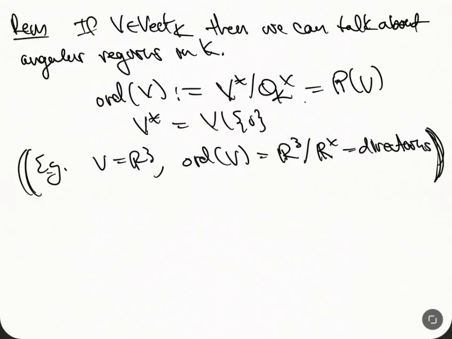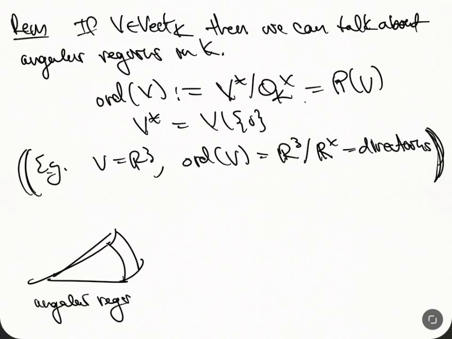Okay, so we can talk about angular regions in here, and angular regions will just look like little regions here. So maybe I can make another. Okay, so this is an angular region. So they make sense in vector spaces. So we'll remove that piece here.